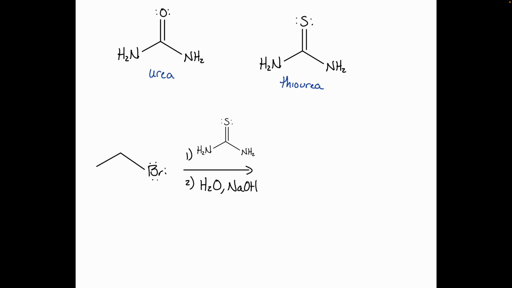But this will give me not a sulfide, but will stop at that thiol step, giving me my thiol product. All right, so we're only going to cover these two reactions here.